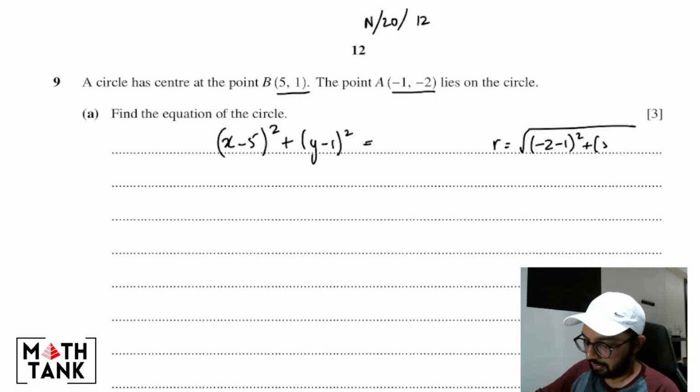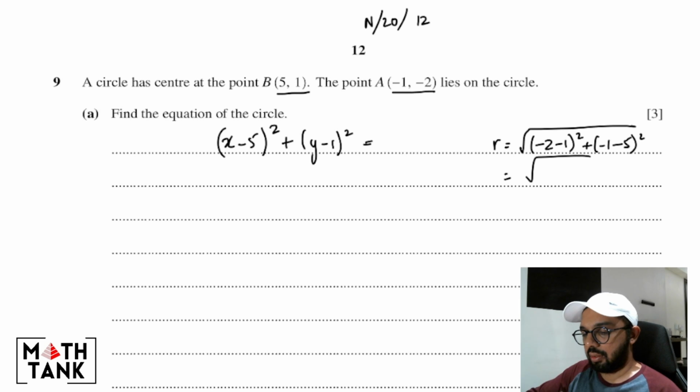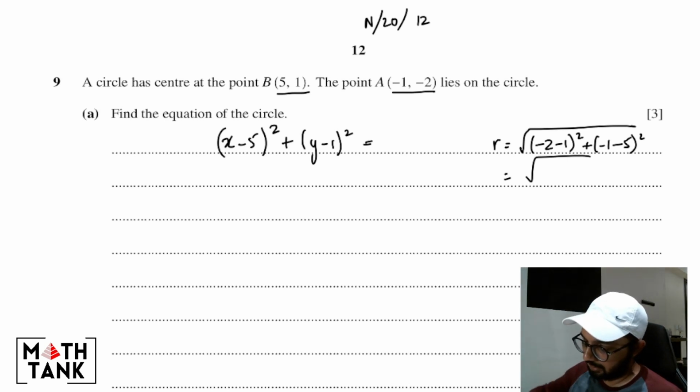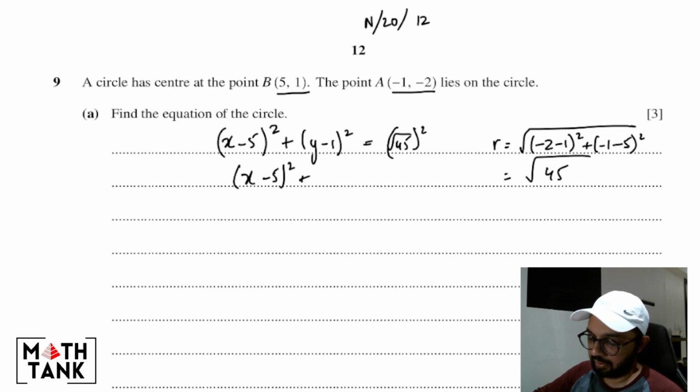So that becomes 36 plus 9, which gives me 45. Okay. Root of 45, so r squared is root of 45 squared. So x minus 5 whole squared plus y minus 1 whole squared equals 45.